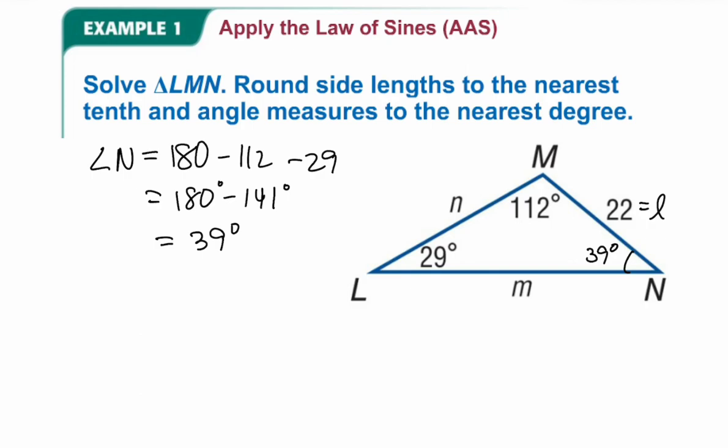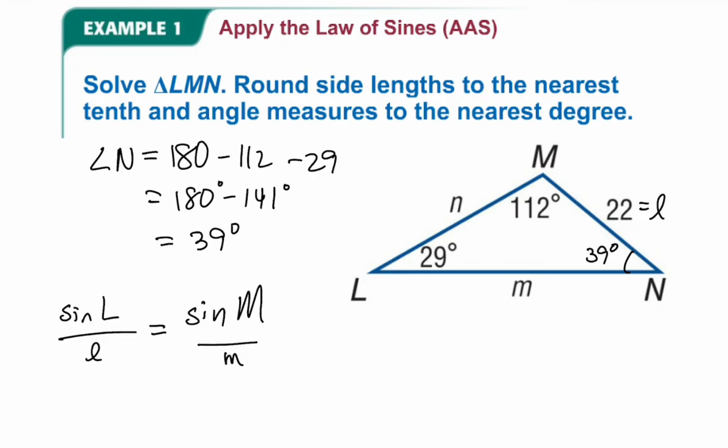Now you always have to start with a pair that you have finished. So we have angle L, we have side L. So we're always going to start with a pair that is finished. So we know that the sine of L over L is equal to the sine of, let's just go with M over m.